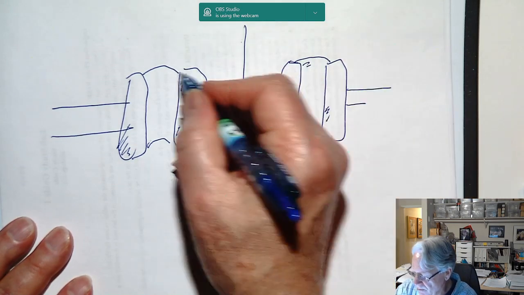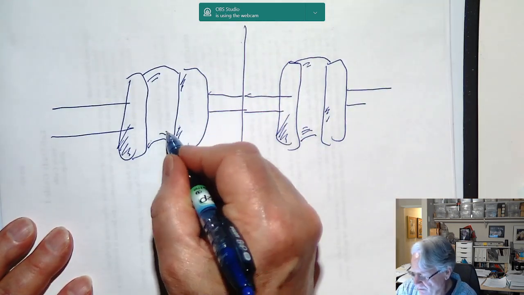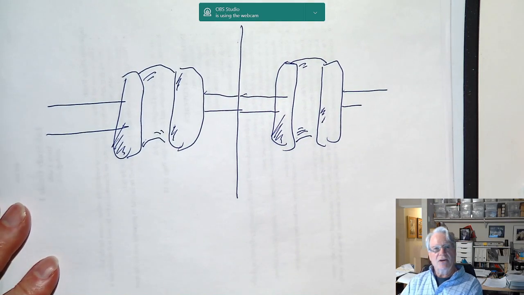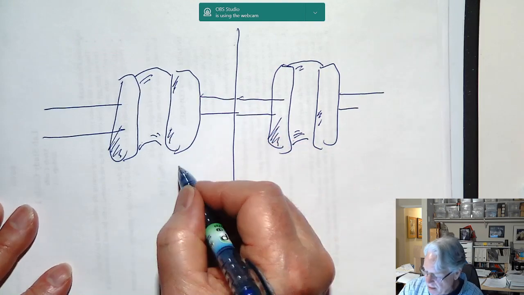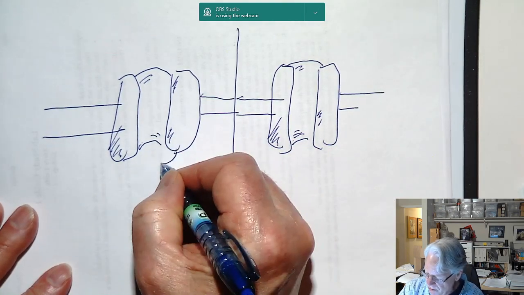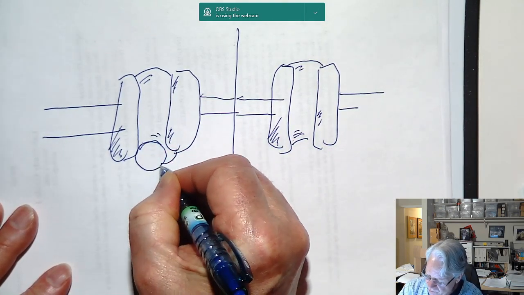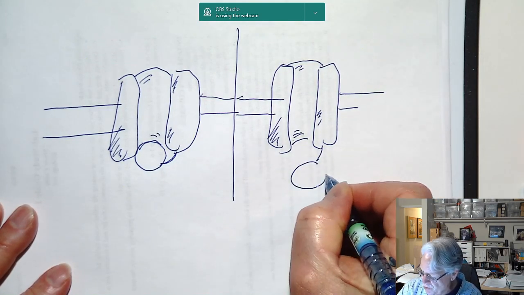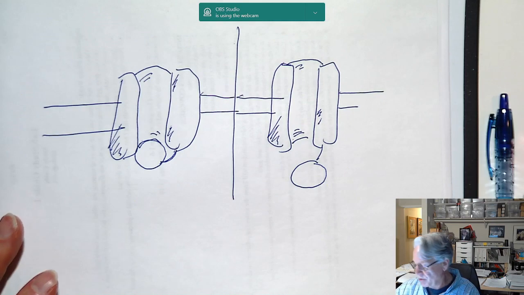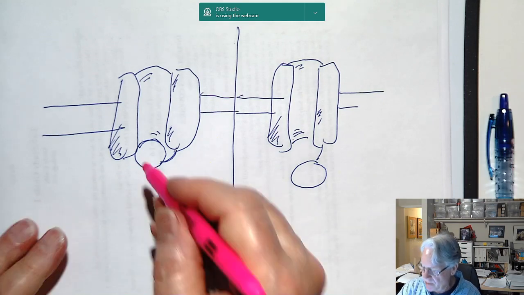Okay, so there they are. Let's go ahead and add a gate. In this case, it's closed. In this case, it's open. And we're going to highlight that gate.